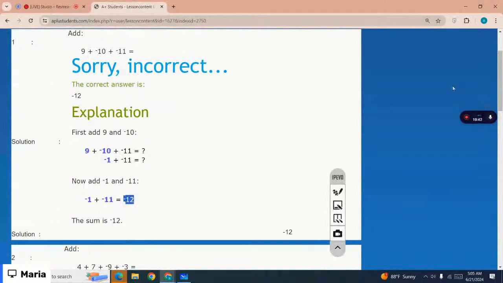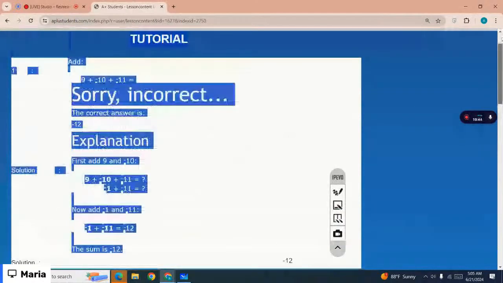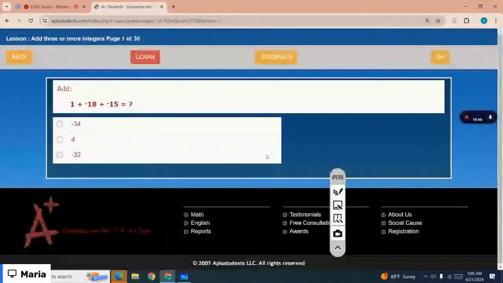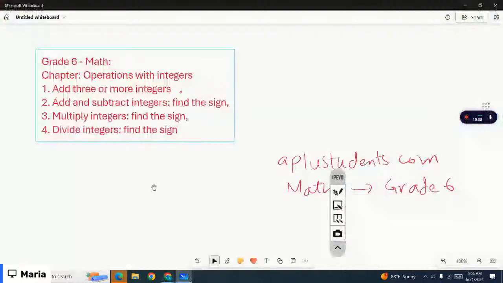Let's just start with the test questions. 1 plus negative 18 plus negative 15. So pair the first two numbers, 1 plus negative 18.